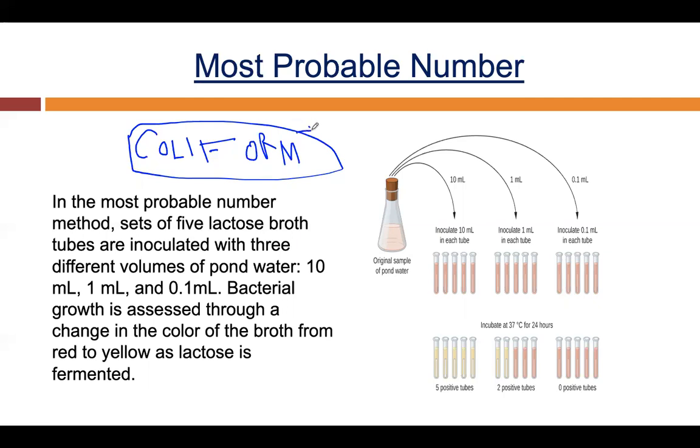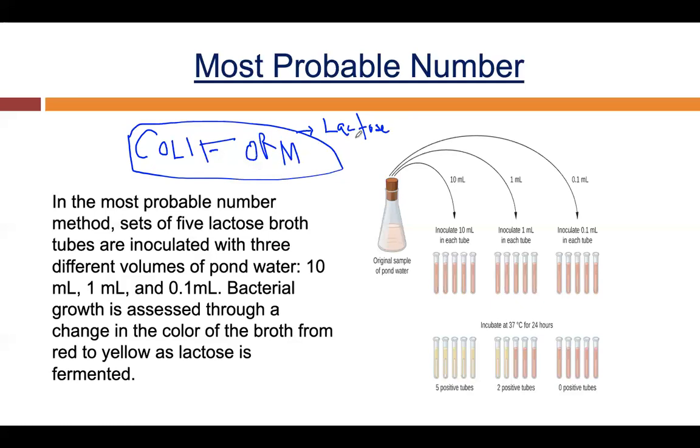And this coliform has another characteristic: they can ferment lactose, one sugar. Not all bacteria can ferment all types of sugar. If they have a specific enzyme, then only they can ferment that sugar.